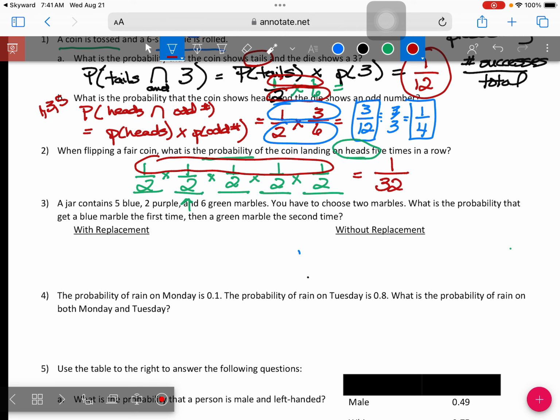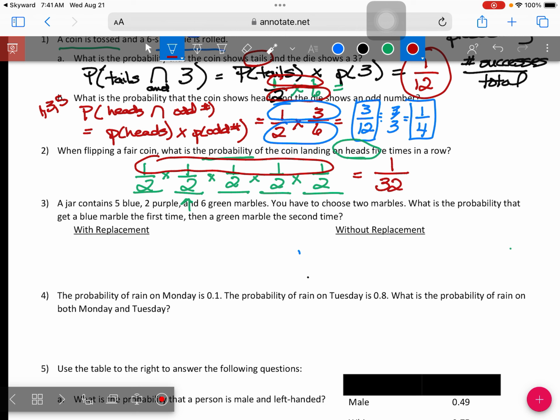How many total marbles do I have to choose from? 13. That's 5 plus 2 is 7 plus 6 is 13. So that is the probability that I'm going to select a blue marble that first time I put my hand in the jar. Doesn't mean I'm going to get one, but those are the probabilities, the odds, kind of.